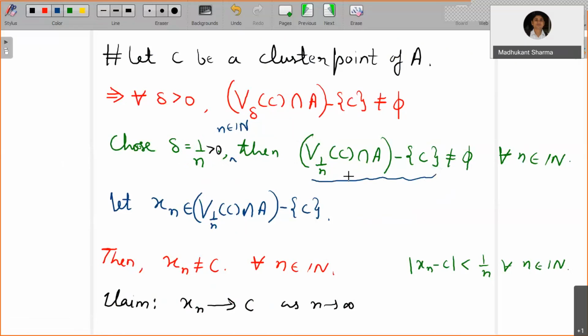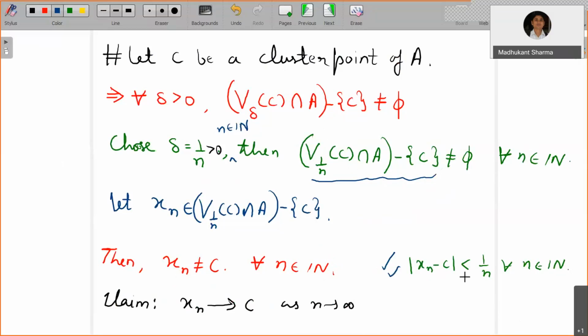So we choose a point xn from this set. Certainly xn is not equal to c because of the definition of the set, for every n belonging to the natural numbers. Moreover, xn belongs to this neighborhood of c with radius 1 by n.